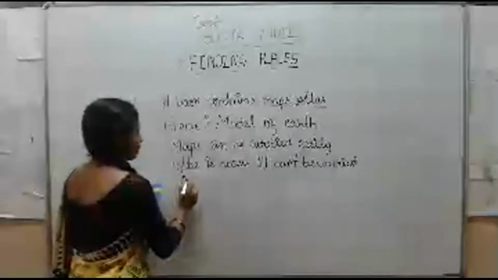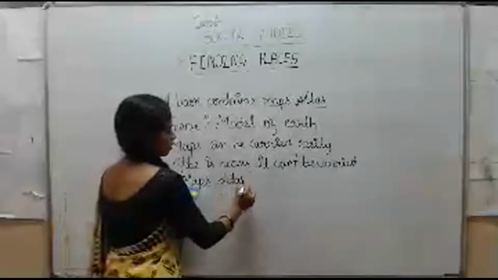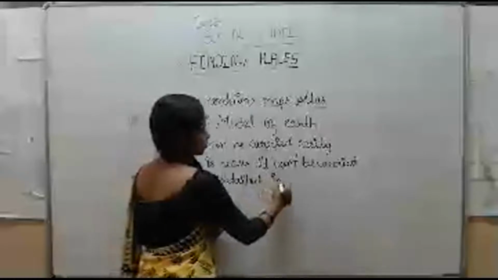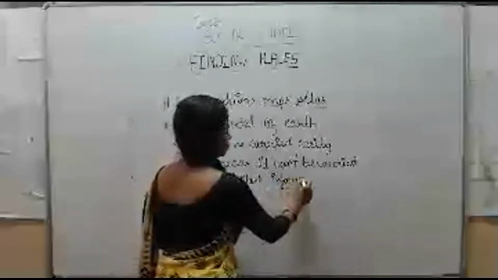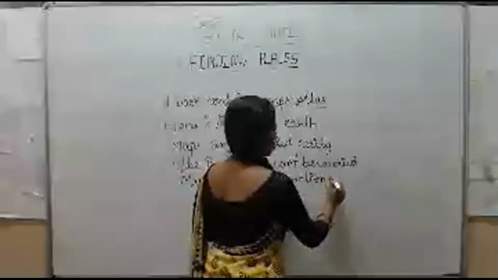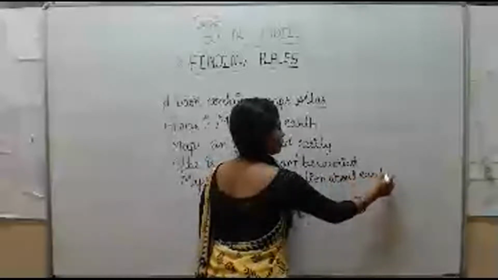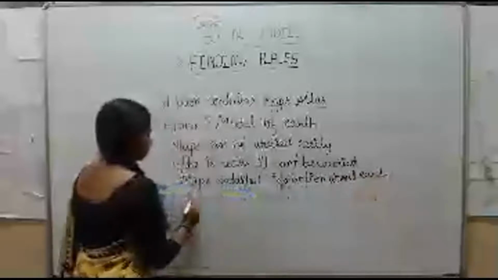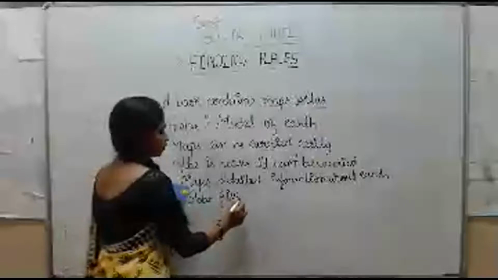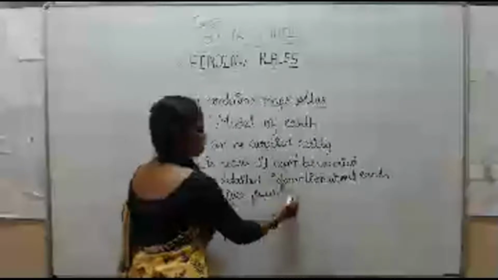And maps give us detailed information about the earth, whereas globe gives only fewer details.